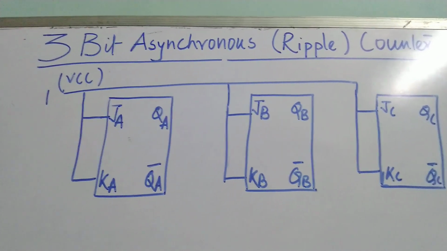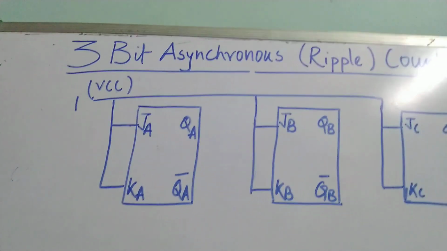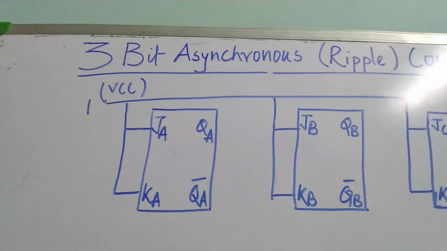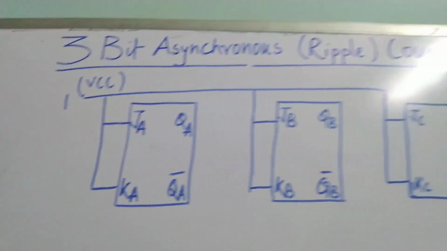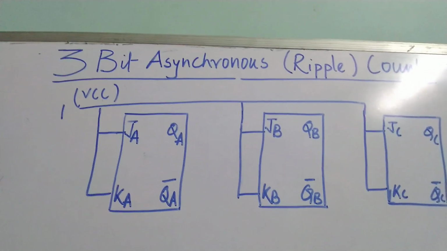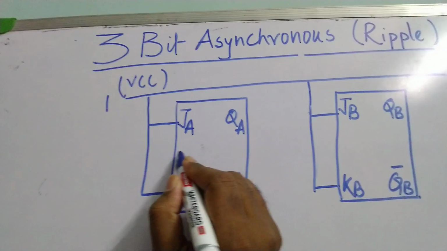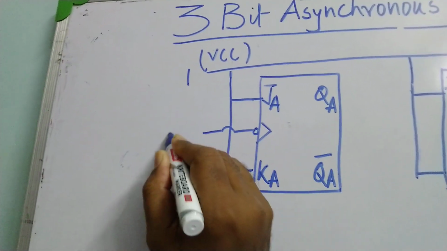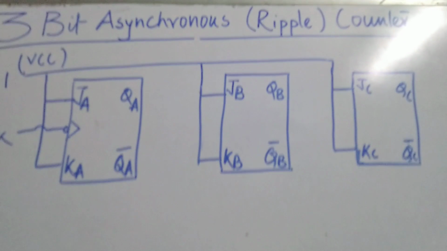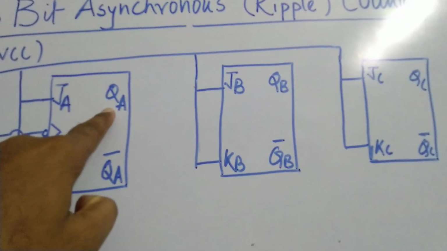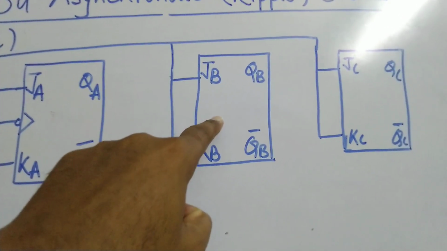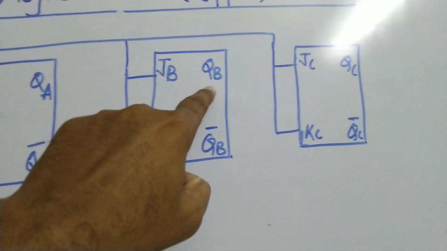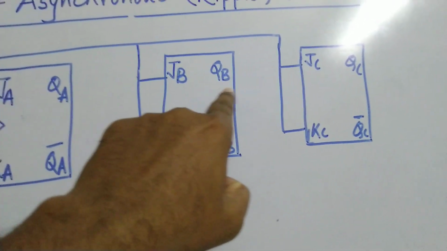Now the first flip-flop, that is the least significant bit of the counter, we provide the clock pulse to this flip-flop. And for the remaining flip-flops, the output of the first flip-flop will provide the clock of the second flip-flop, and the output of the second flip-flop will provide the clock of the third flip-flop.